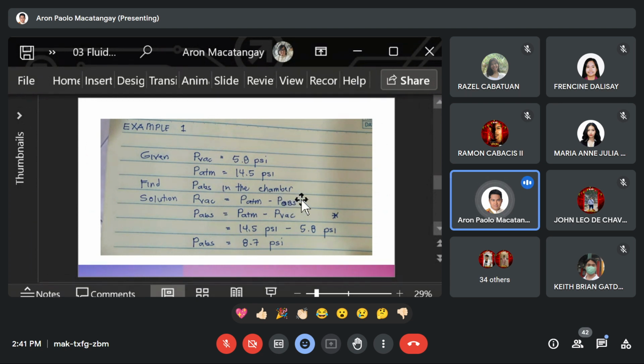Then, if you would rearrange the terms, para nasa one side yung P absolute pressure, that's P atmospheric minus your P vacuum. No? So, straightforward, 14.5 minus 5.8 psi, you will get 8.7 psi. And that's P absolute already. Okay. So, straightforward lang.